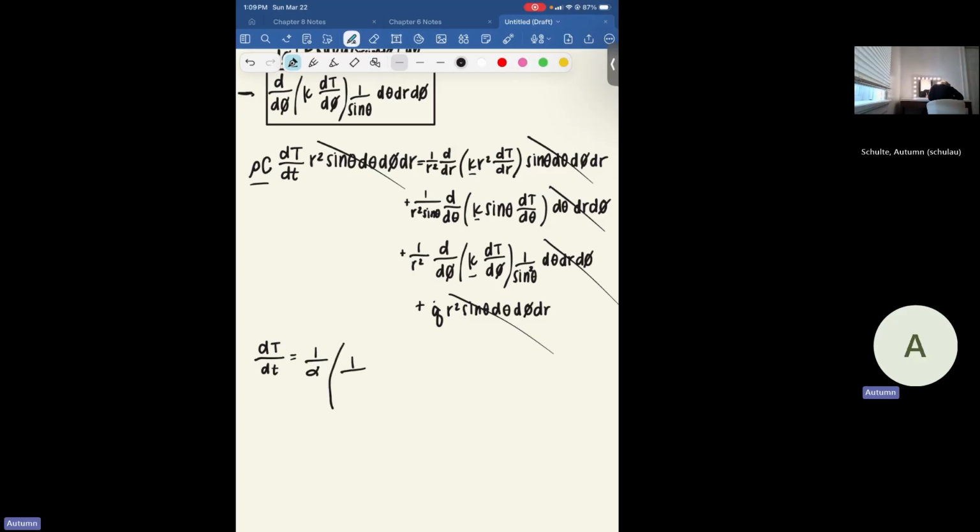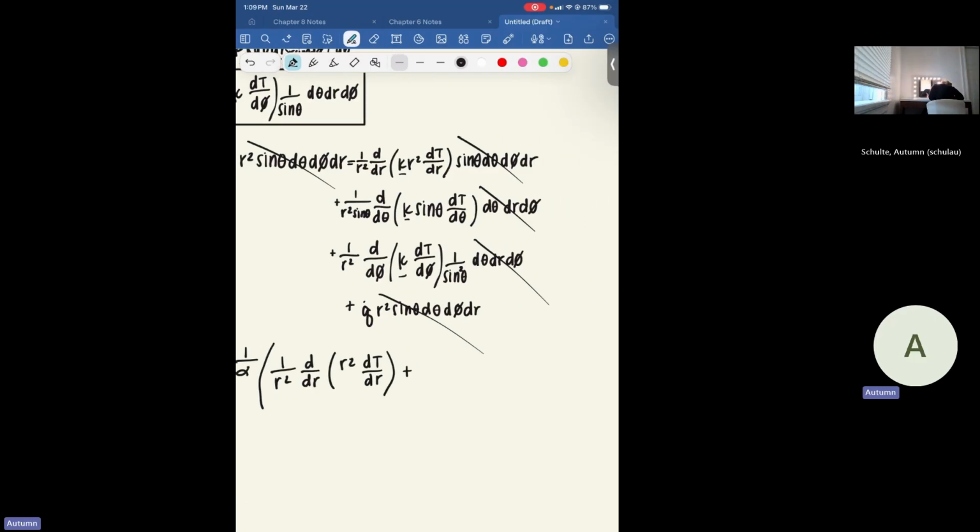times 1 over r squared d over dr multiplied by r squared dT over dr plus 1 over r squared sine theta, the derivative with respect to theta, multiplied by sine theta, the derivative of the temperature with respect to theta.